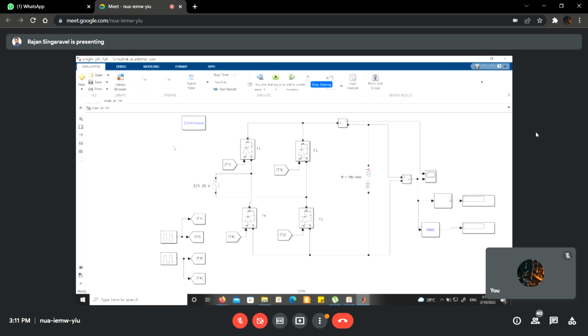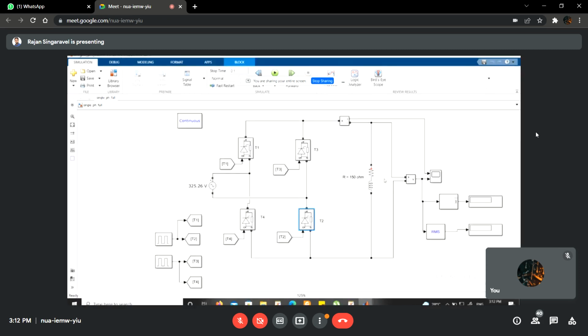So for example, when T1 and T2 are on, whatever the voltage available from this AC source will be available across the load terminal. Whether this is a positive voltage or negative voltage doesn't matter, because T1 is shorted and T2 is shorted. T1 and T2 do not care whether the voltage is positive or negative.